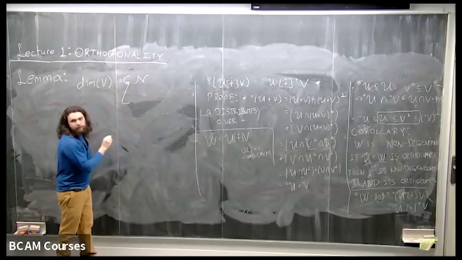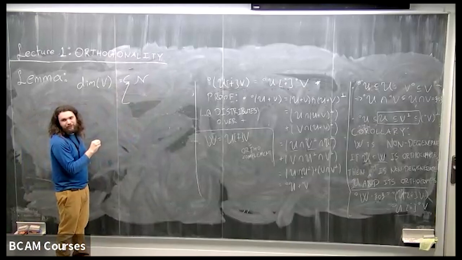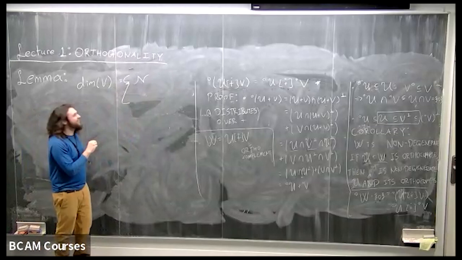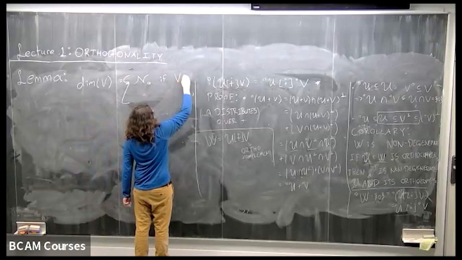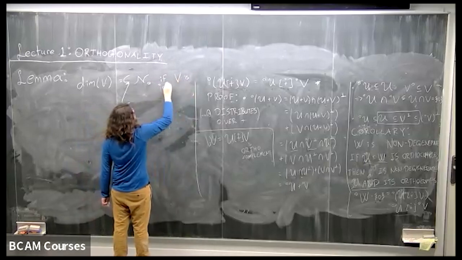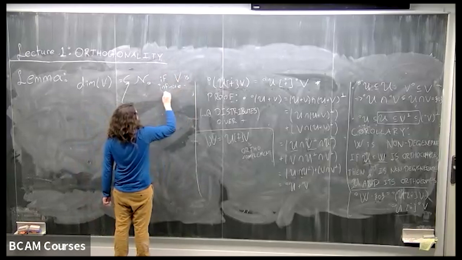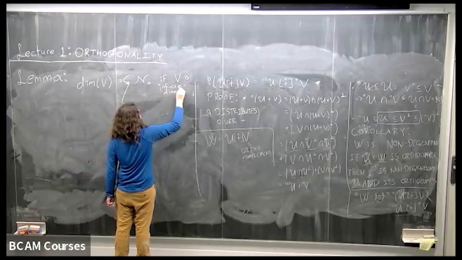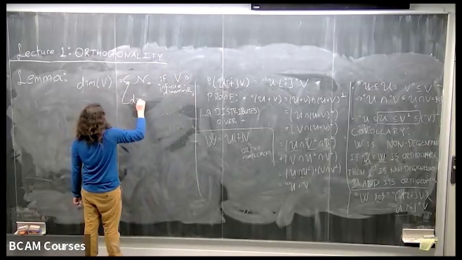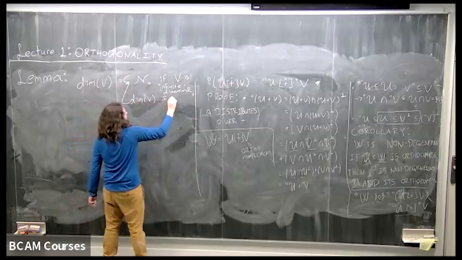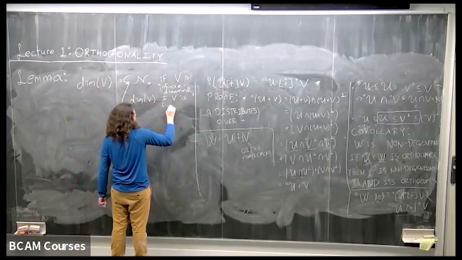And I don't really know how to write the symbol aleph very well, so I'm going to use this curly script n. And if you guys have a suggestion for a better way to write it, now would be the time to share it. And if not, we're going to use curly n. So this will either be this symbol, or it'll just equal the dimension of the space if it is finite dimensional.